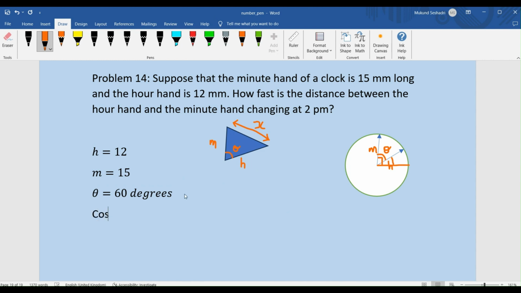I'm going to apply the cosine law of trigonometry.